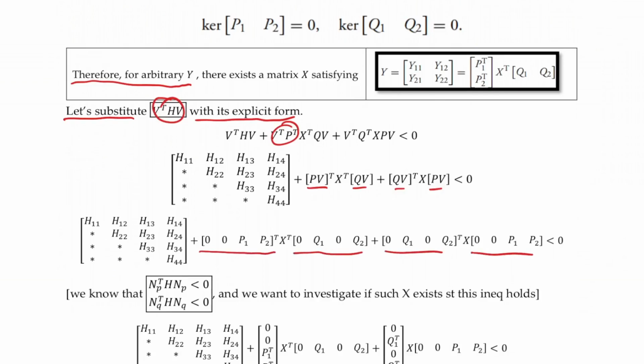And so it will be beneficial for us to restate the problem, what we're after. We know that second condition is true, and we want to investigate if such an X matrix exists such that this inequality holds.